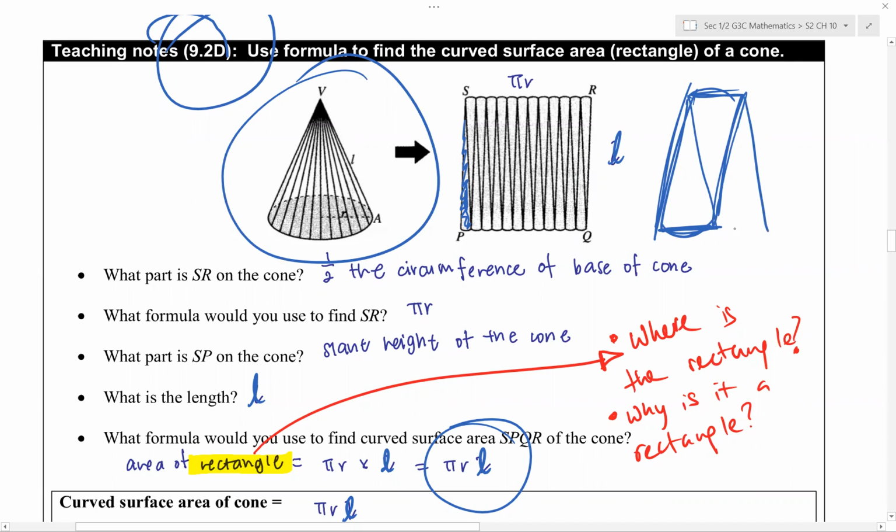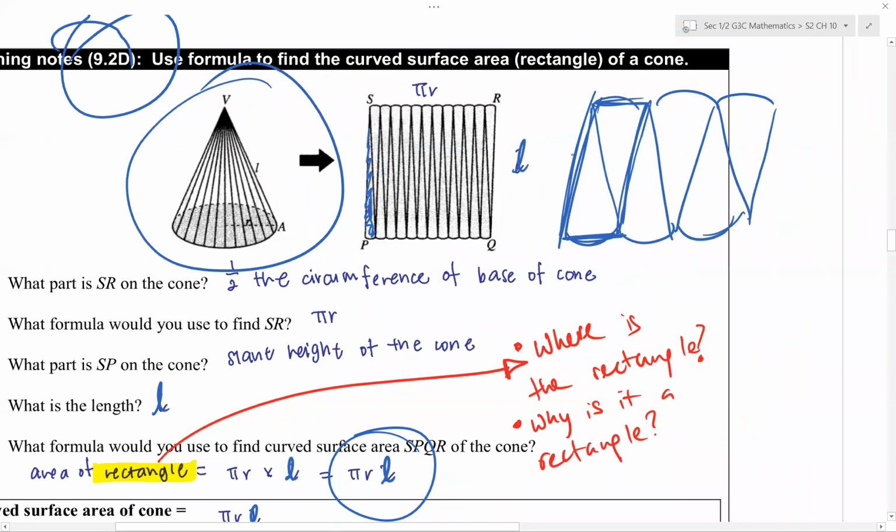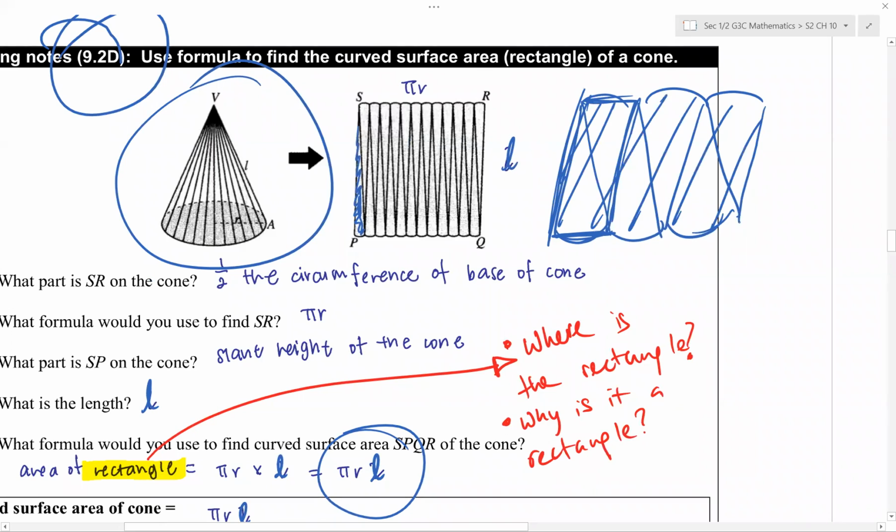If I were to continue doing it my way, I'm going to end up with something like this. Doesn't really look like a rectangle. Looks more like a parallelogram. But the idea is that the area of all these will be the area of the curved surface area, right? That is the whole basis of this.